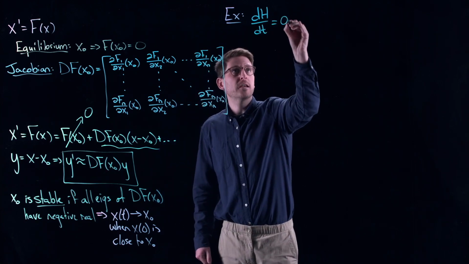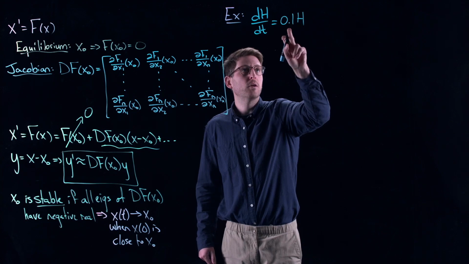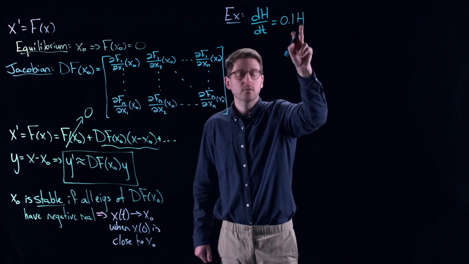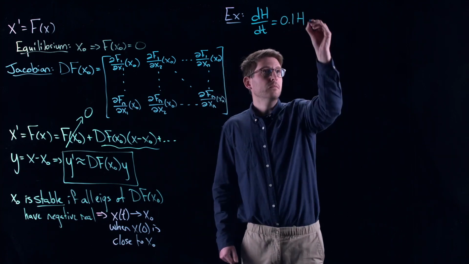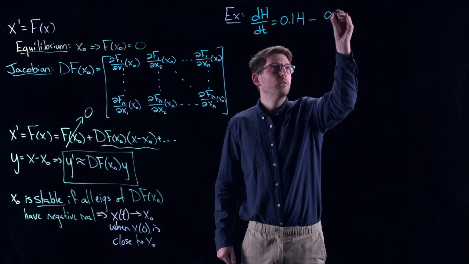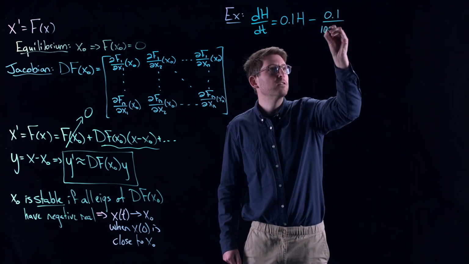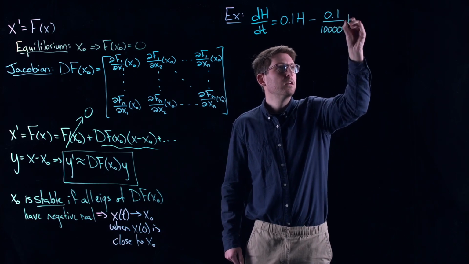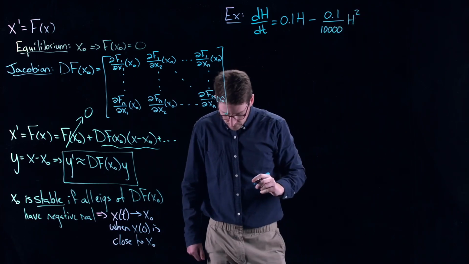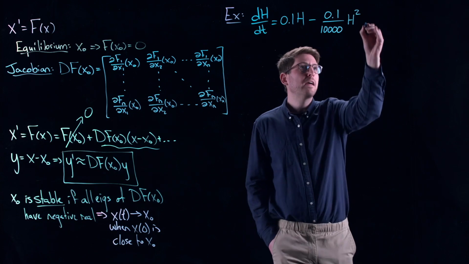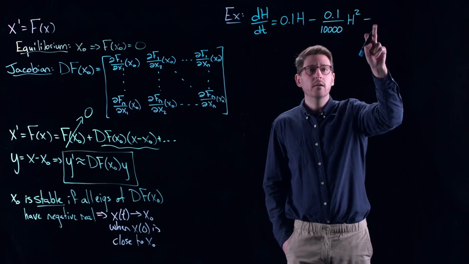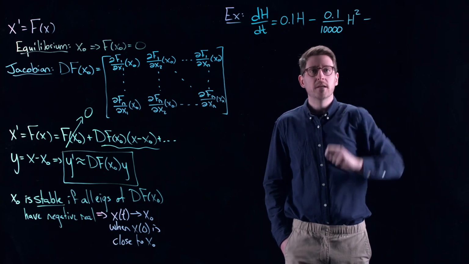I have a 10% growth rate, 0.1 h, 10%. And then I have 0.1 over the carrying capacity, 10,000 h squared. And then I have that competition term, B1. Remember, it was B1 h times s.